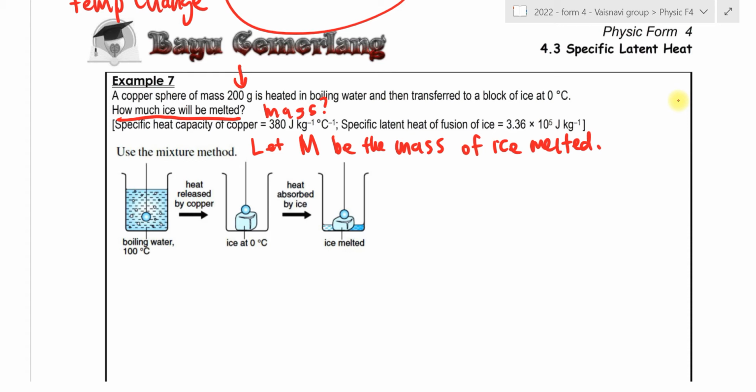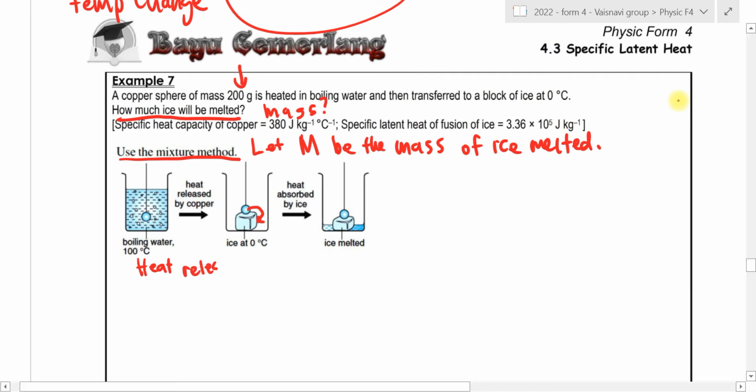Now use the mixture method. This copper sphere is already in the boiling water, 100 degrees Celsius. Maksudnya the copper sphere ni 100 degrees Celsius juga, sebab by thermal equilibrium it should be reaching 100 degrees Celsius. So this heat is released towards the ice.